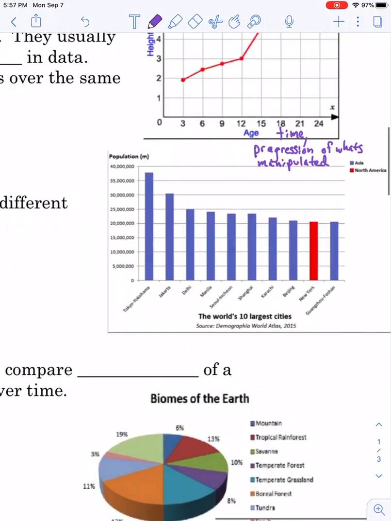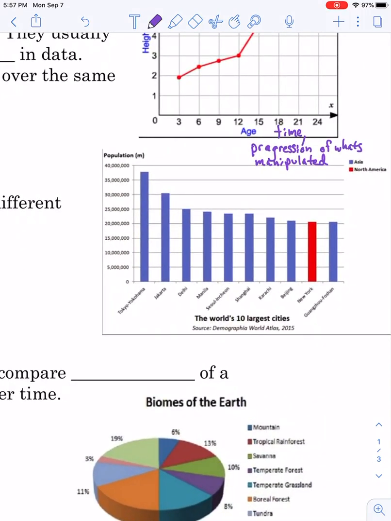So for example, what I've shown you over here is the world's 10 largest cities and the population in millions of people, and you've got Tokyo, Jakarta, Delhi. You wouldn't put this in a line graph because one data point wouldn't have anything to do with the next data point. So it wouldn't make sense to have a line graph, but a bar graph makes sense because each of these cities on the x-axis is an individual thing that does not have any influence on the next.